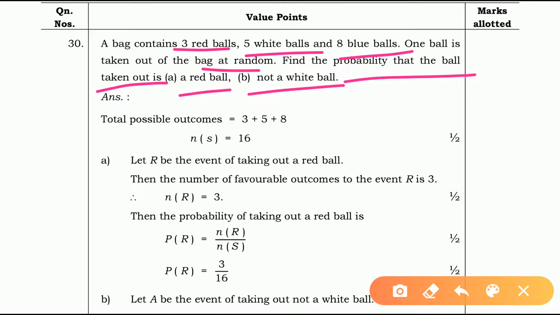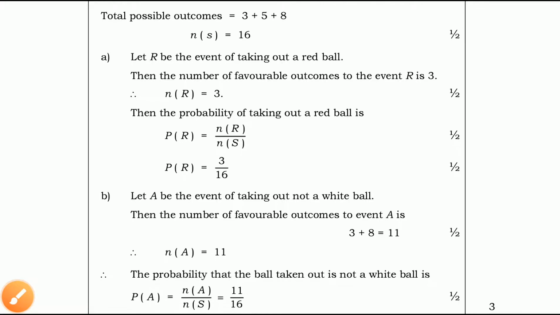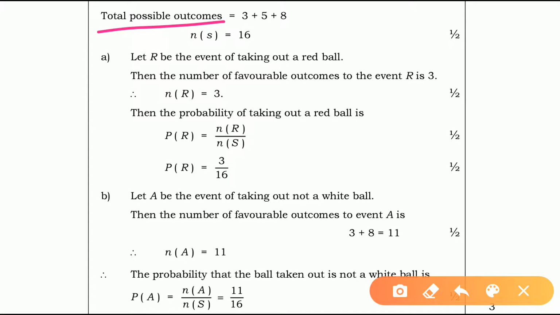Now we will discuss the solutions of this question. Here the total possible outcomes or total sample space: 3 balls plus 5 balls plus 8 balls, n of S is equal to 16. S is the sample space. First one, let R be the event of taking out a red ball.